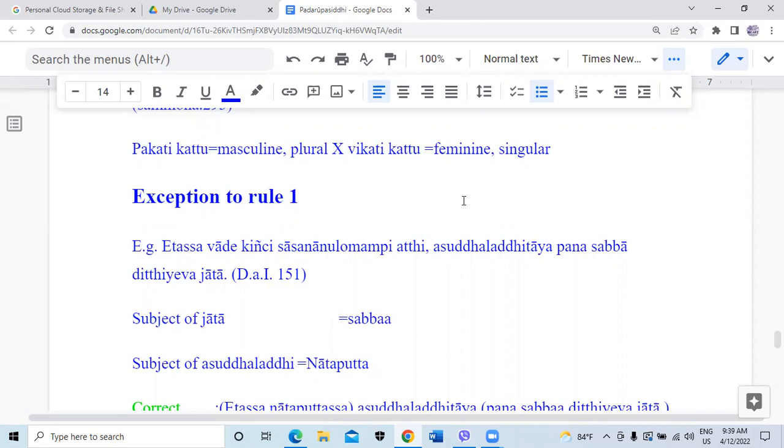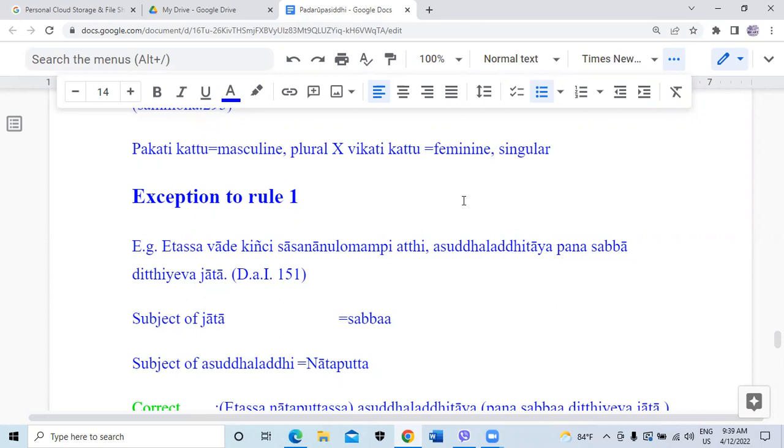If we use that reason, it refers to sabbā, so it's not an exception of rule 1. It depends on the reasons the author chooses to present. So I don't see why he put this as an exception to rule 1. It depends on the context.